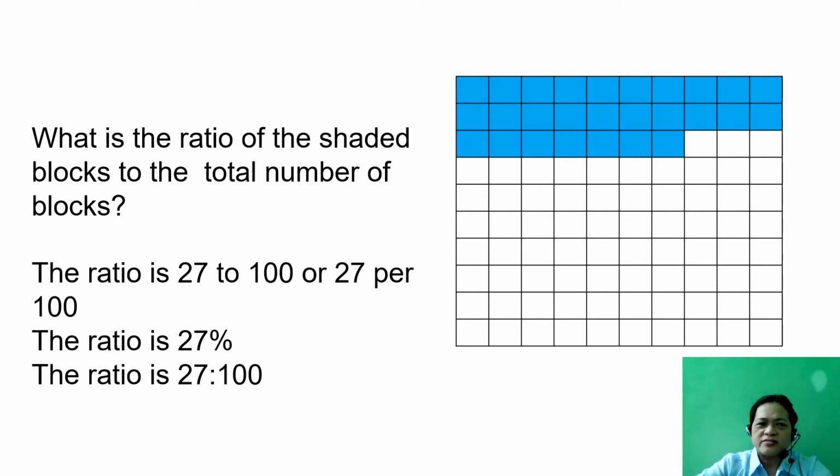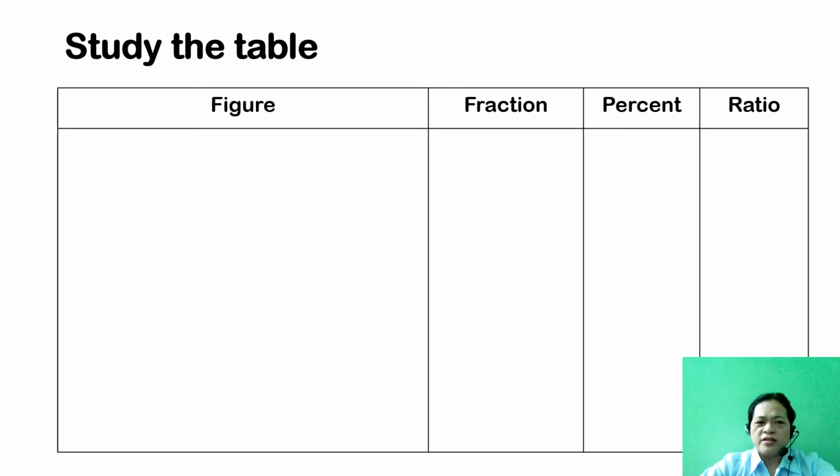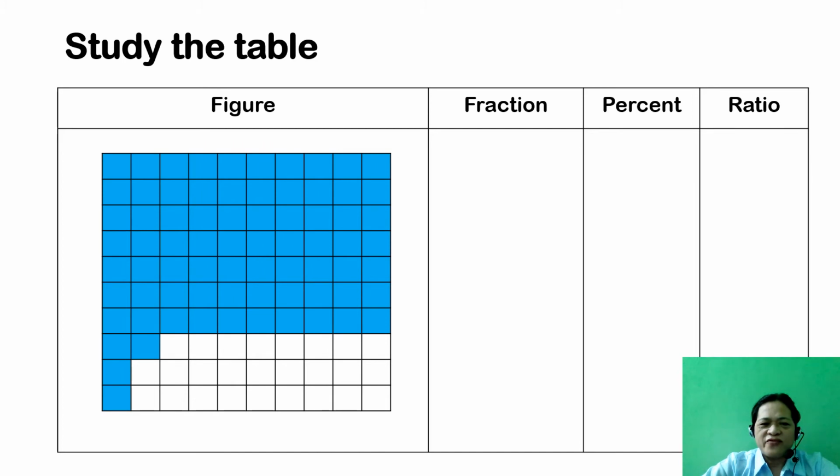Very good. Study the table. The table has the columns for the figure, fraction, percent, and ratio. Take the first example. We have the figure. What is the fractional part of the shaded regions? Very good.